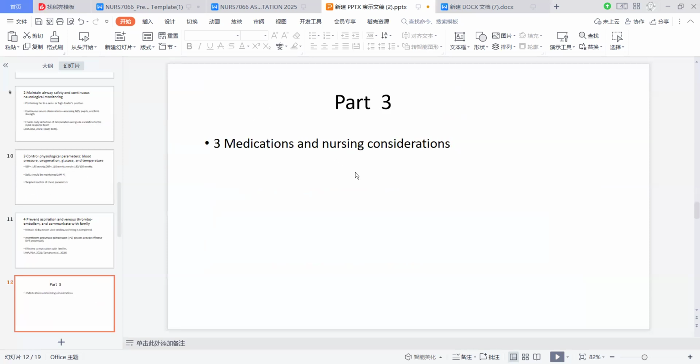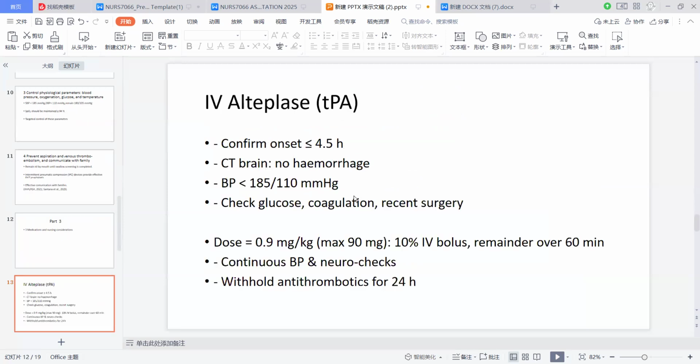In the third part, I'll mainly talk about pre-medication and their nursing considerations for stroke patients. The first one is IV alteplase, which is tPA. Before giving this drug, we should confirm that symptom onset is within 4.5 hours and CT imaging shows no hemorrhage.